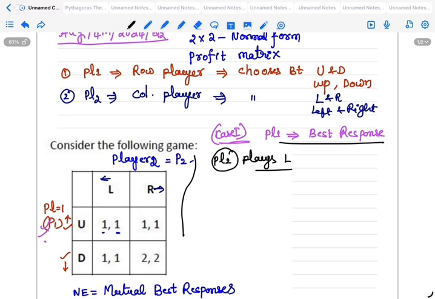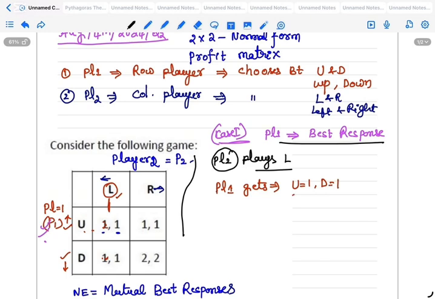Player 2 plays L, and player 1 gets 1 and 1, that is U equal to 1 and D equal to 1.